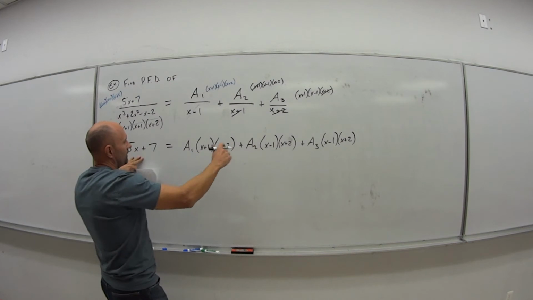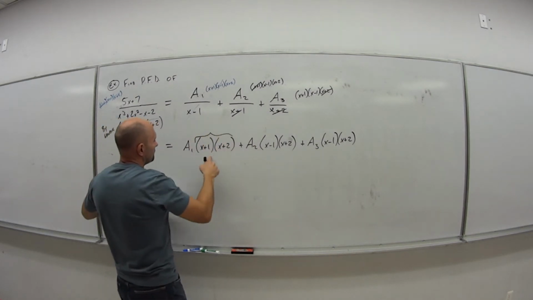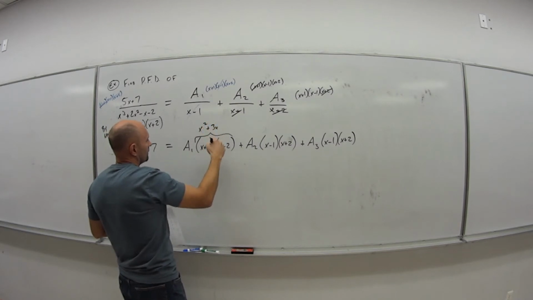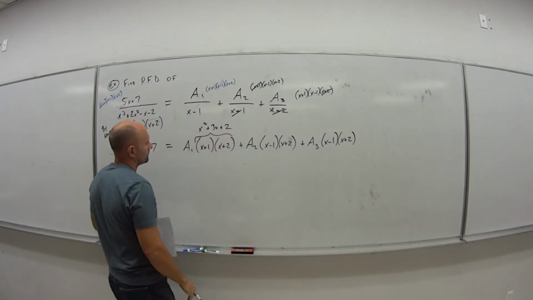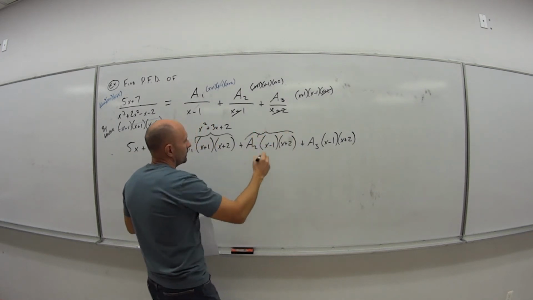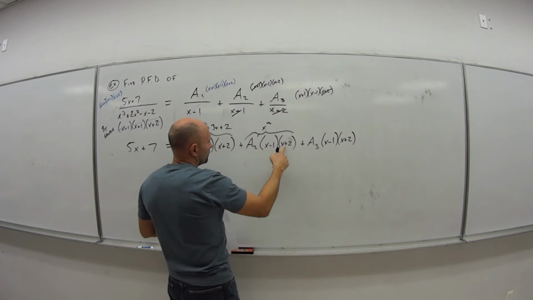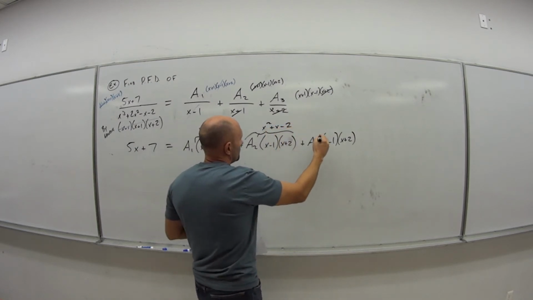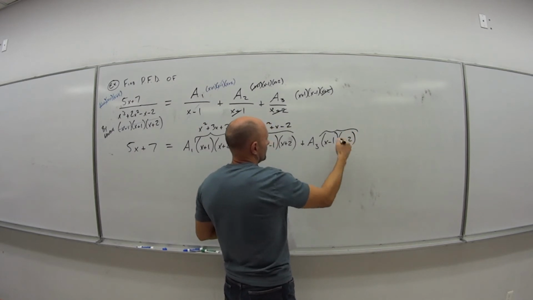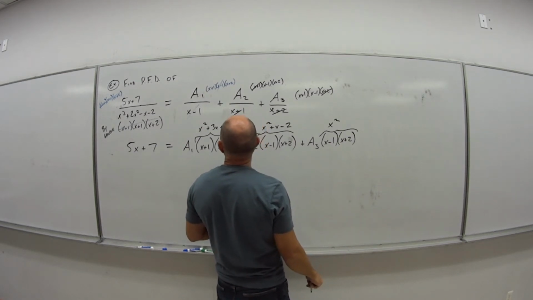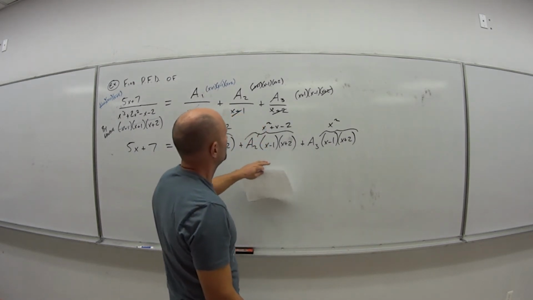So let's expand this out. If I FOIL this, I get x squared plus 3x plus 2. And for this one, I get x squared plus 2x minus 1 x minus 2, so plus x minus 2. And this one, if I FOIL it, I get x squared minus... why are those two the same?